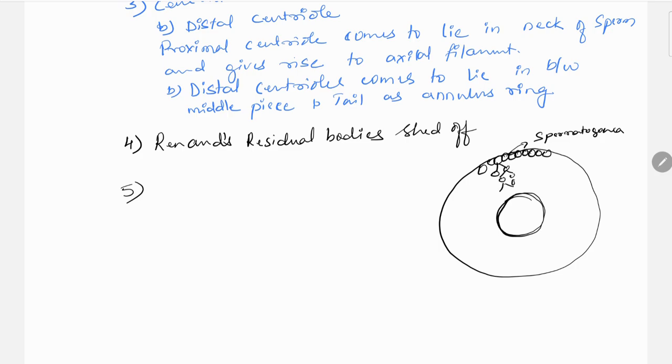All these things are going to happen, and completely when they will come here, they will be converted into spermatids in this area. Okay, so once they form, metamorphosis happens, and here the shape of the sperm will come, and later they release into the lumen. This releasing of the completely formed spermatozoa to the lumen is called spermiation.